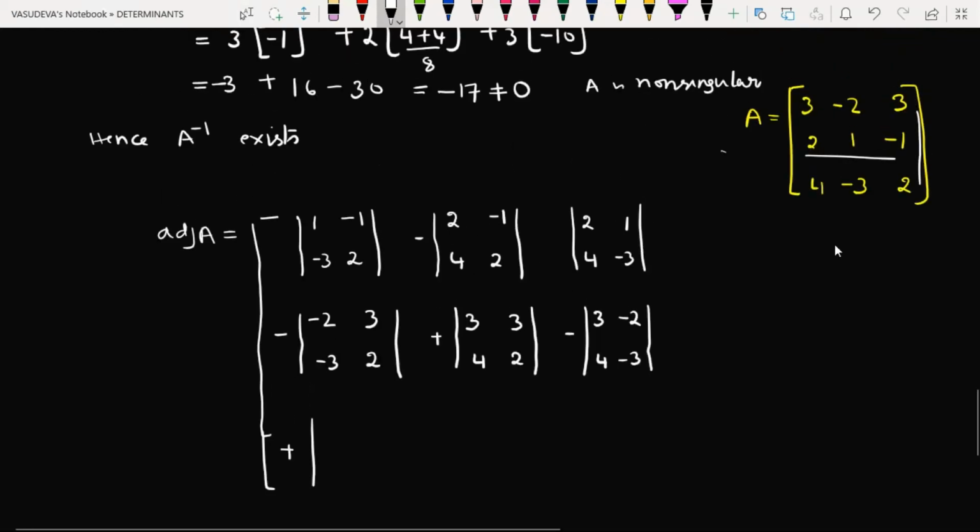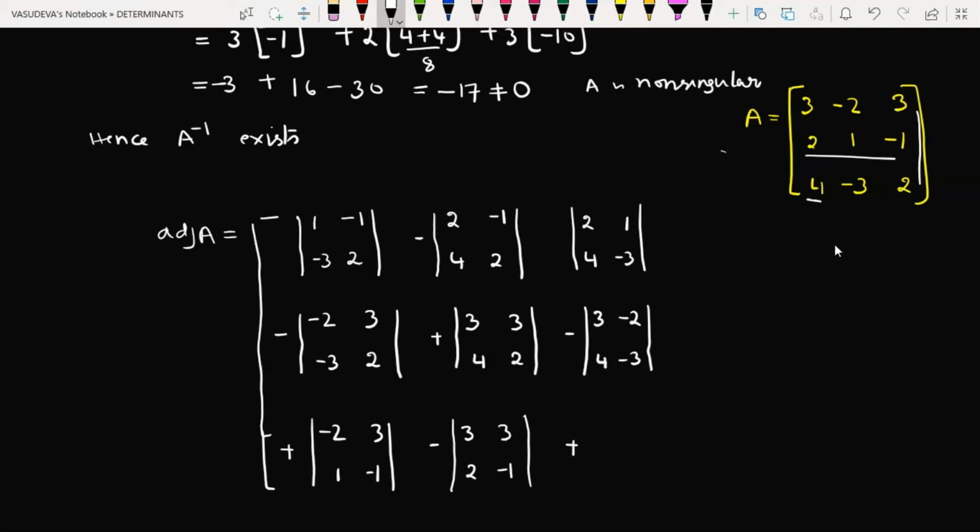Cofactor of 4 is, leaving the elements of the third row and the first column, we have minus 2, 3, 1, minus 1. Then minus, now the cofactor of minus 3, the determinant of 3, 3, 2, minus 1.